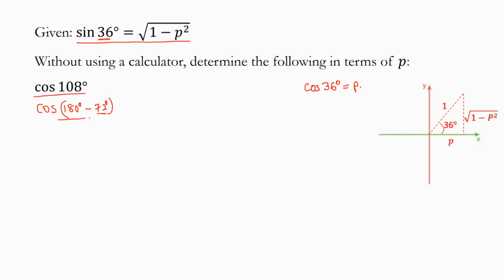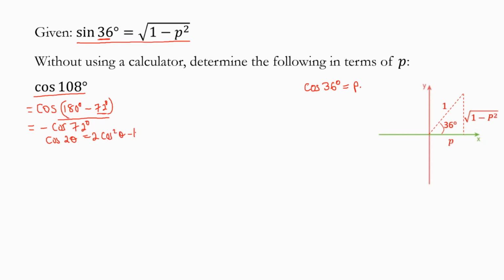This is 108 degrees. When you reduce this, it is in the second quadrant, and cosine of an angle here is negative. So this is equal to negative cos 72 degrees. Remember the double angle formula: cos 2 theta is equal to 2 cos squared theta minus 1.